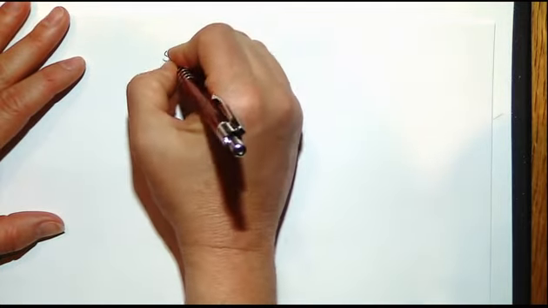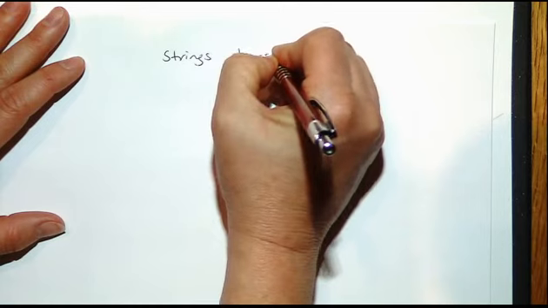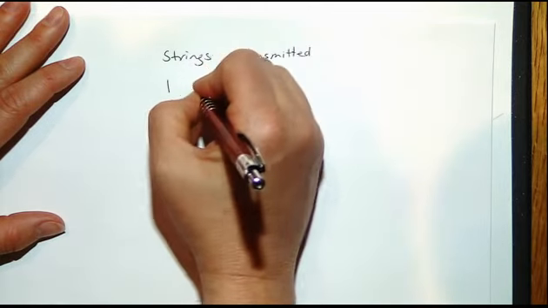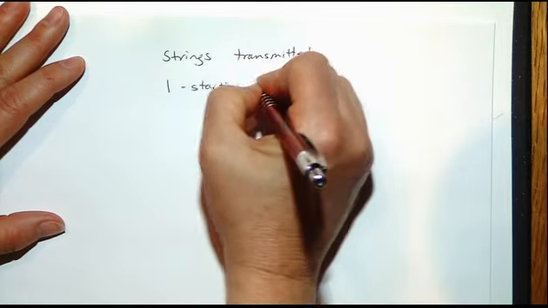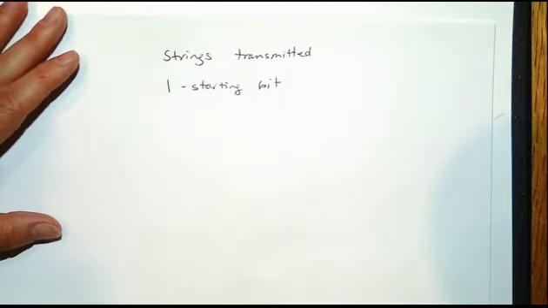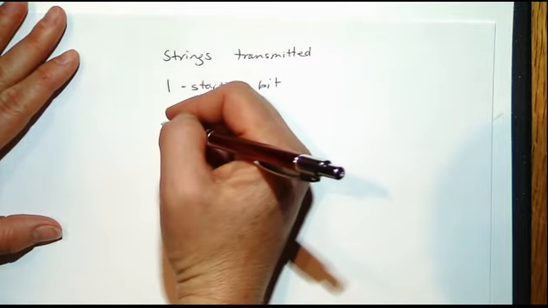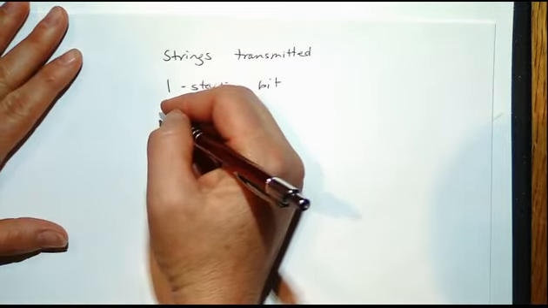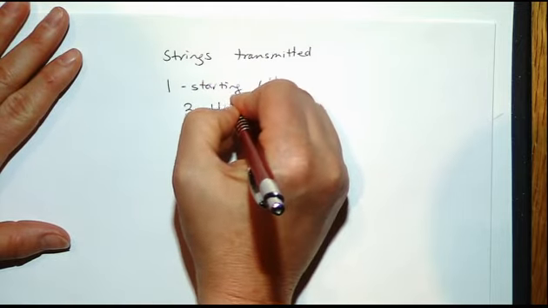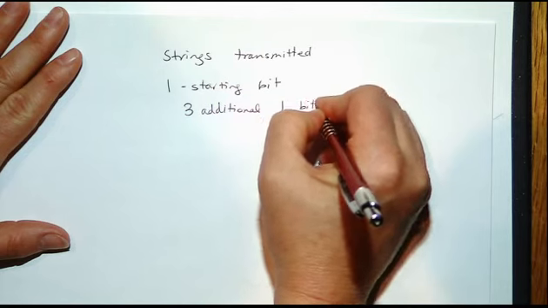Okay, let's do another one. How many different bit strings can be transmitted if the string must begin with a 1 bit and it must have 3 additional 1 bits for a total of 4?